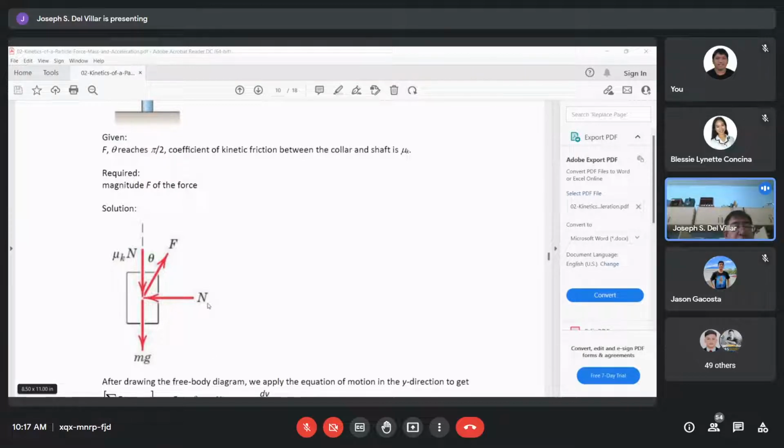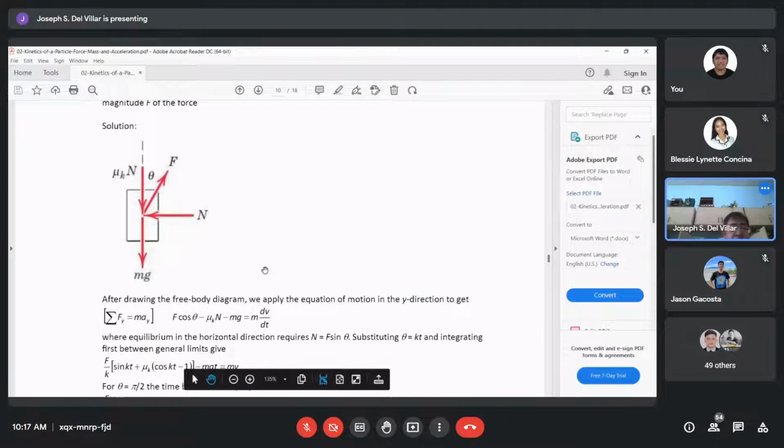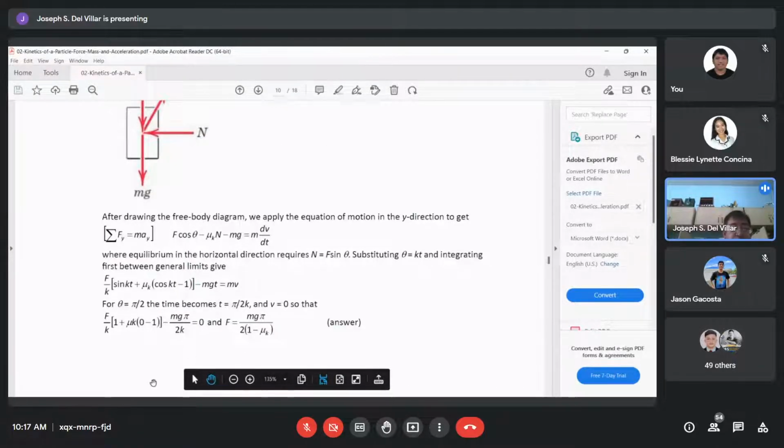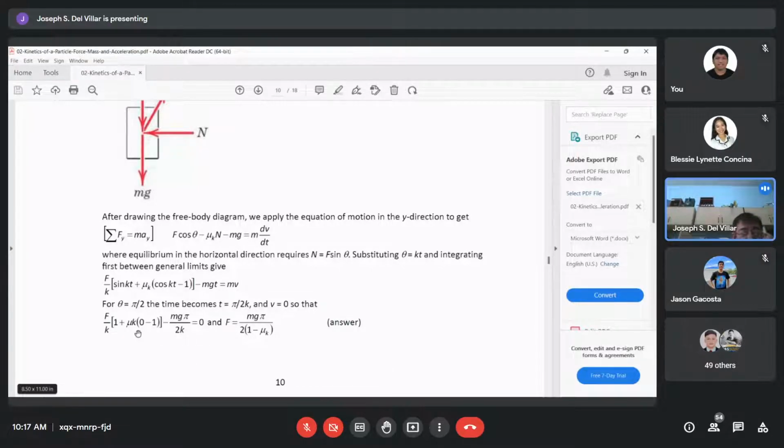So makikita nyo rito, okay? So sinolve na yung F. Okay? So tinranspose mo na yung mg pi over 2k to the right. Okay? And then yung mg pi over 2k, then divide by this one.